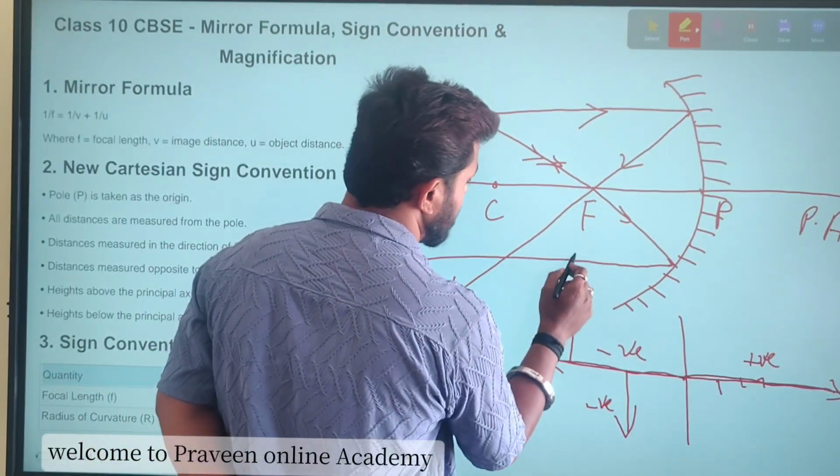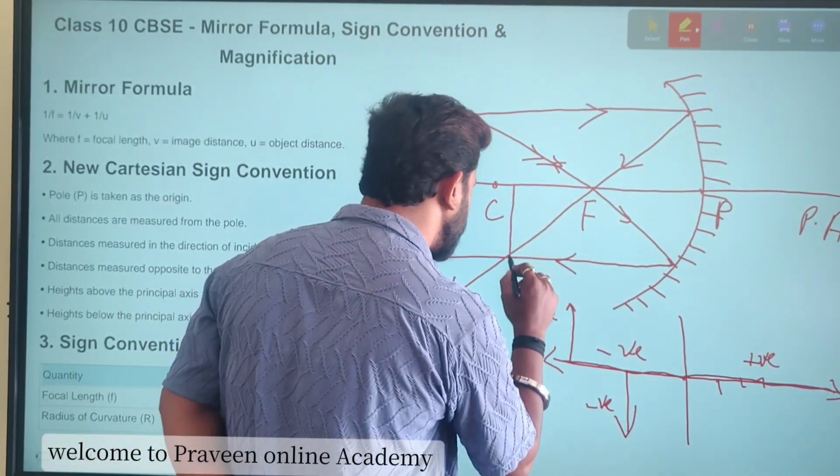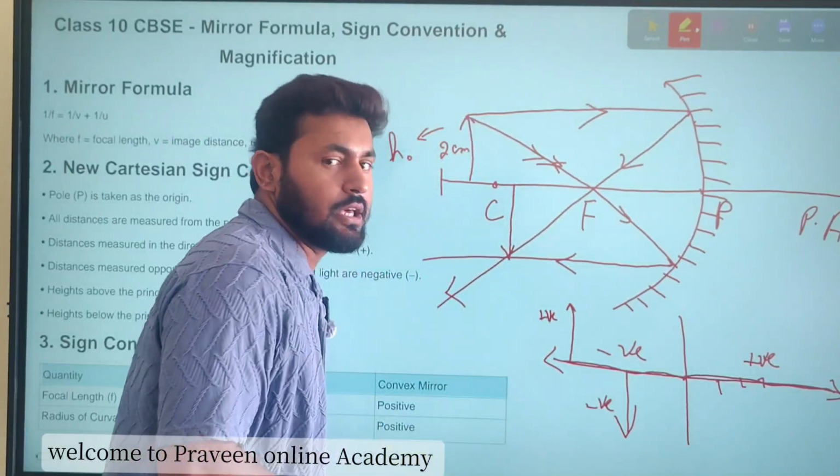This arrow is like this, and it will go parallel to the principal axis. Your image is formed over here.